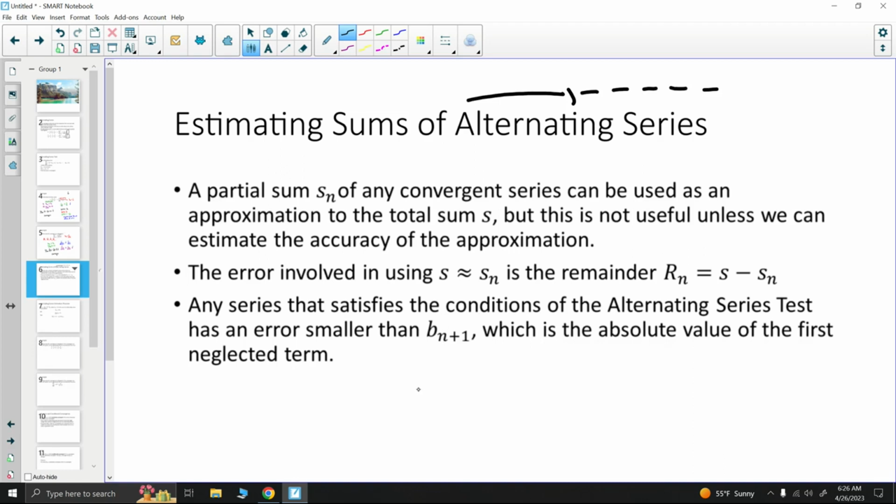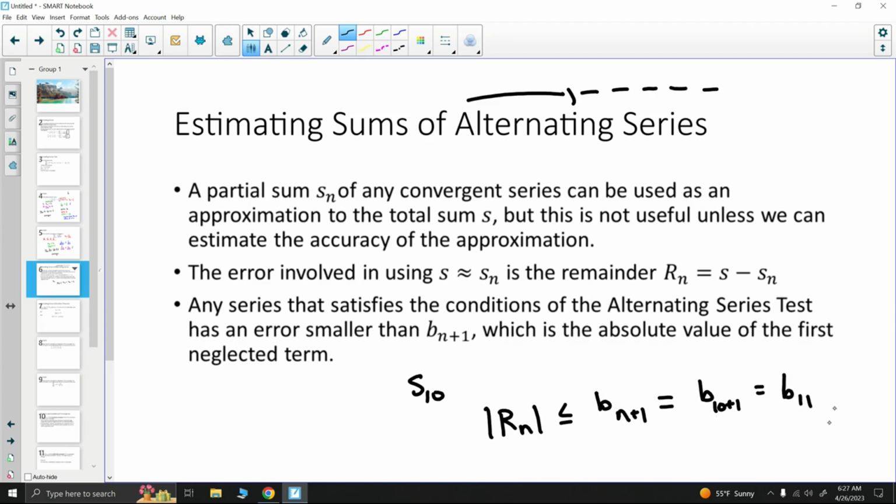So that means that if we were to take the 10th partial sum, then our error, the absolute value of r sub n, would be less than or equal to b sub n plus 1, i.e., b sub 10 plus 1, which is b sub 11.